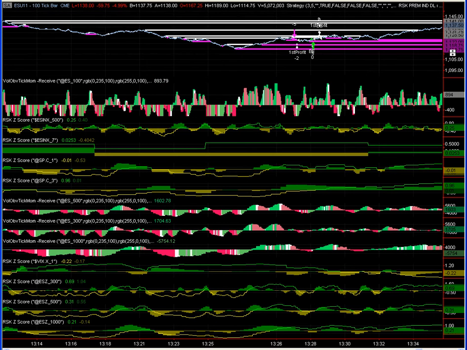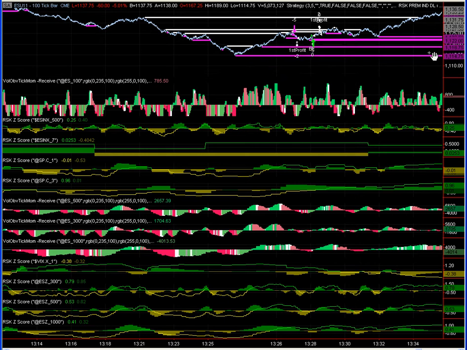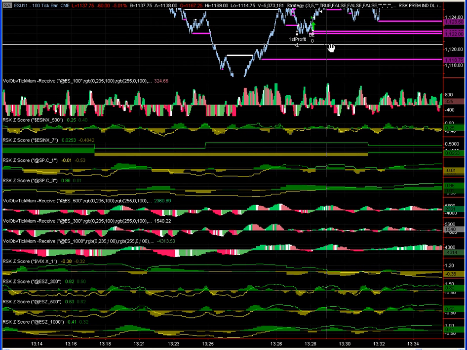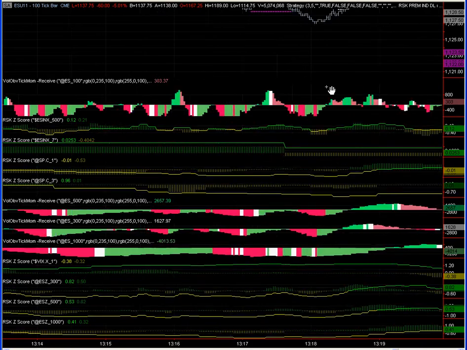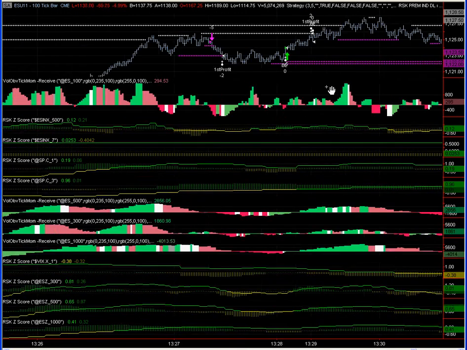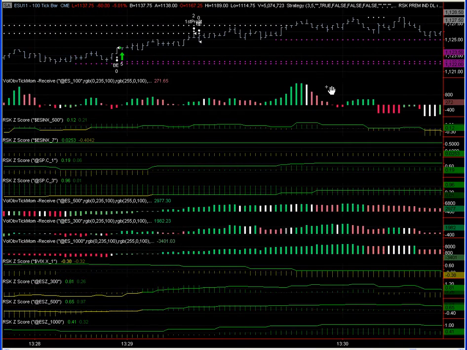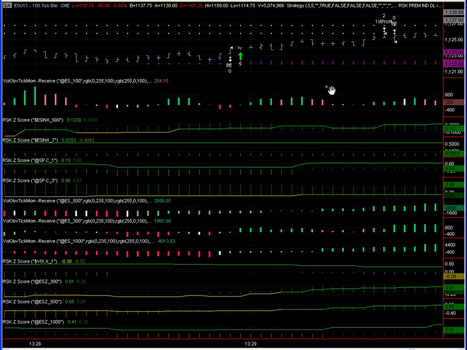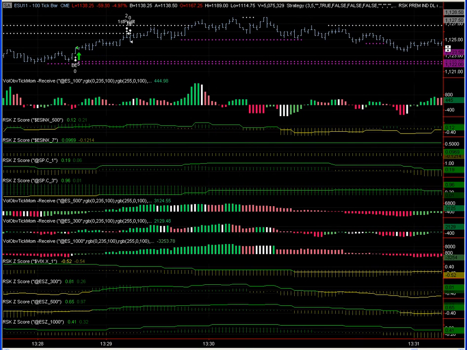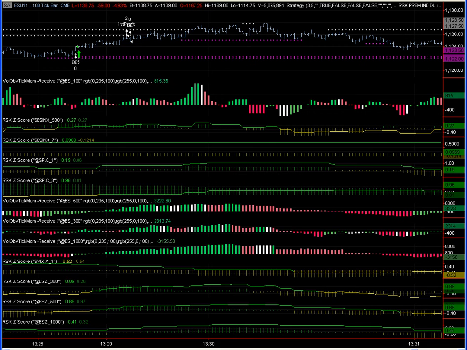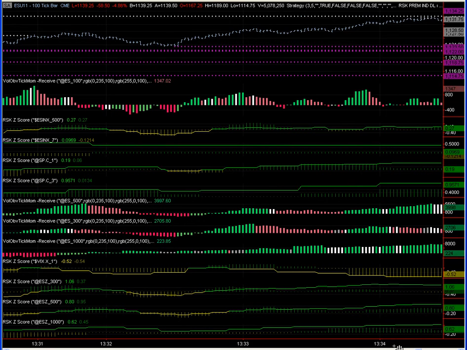Here we hit our first profit target. Let's take a look at that real closely. We've got taken out at break even. Maybe a little bit too tight on our break evens with the offset.